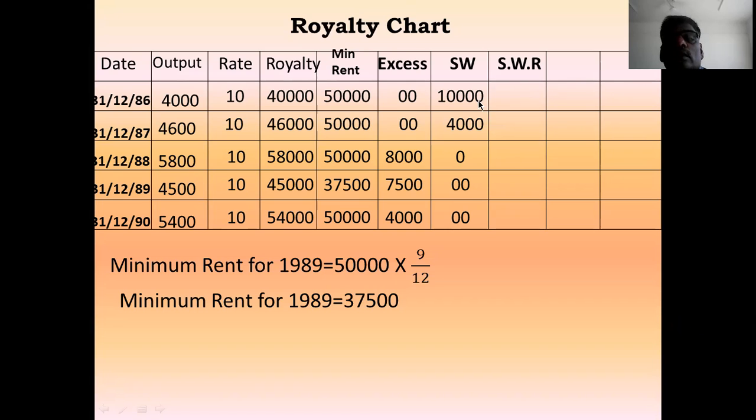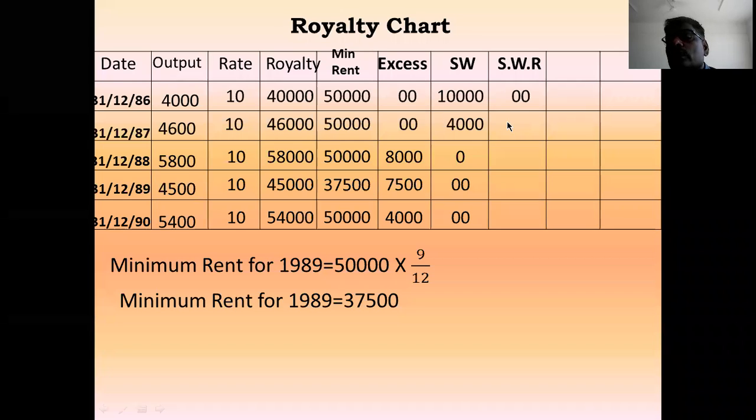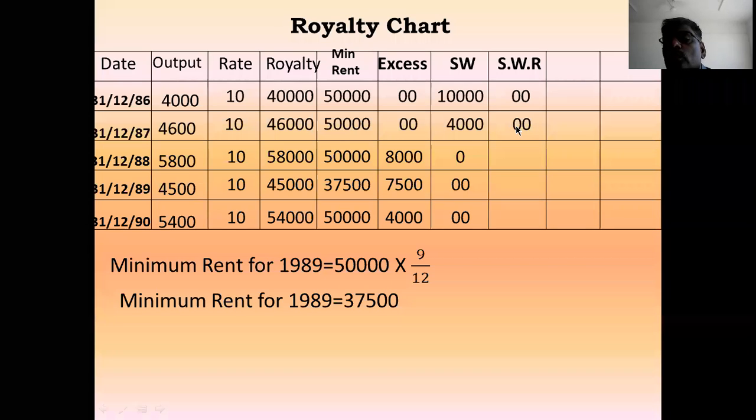So in 1986, the short working will not go to the recovery column. First year is not possible. In the second year here, it is not possible to recover. Remember here. I will stop here. You think about it. You see here, 10,000 is the short working.